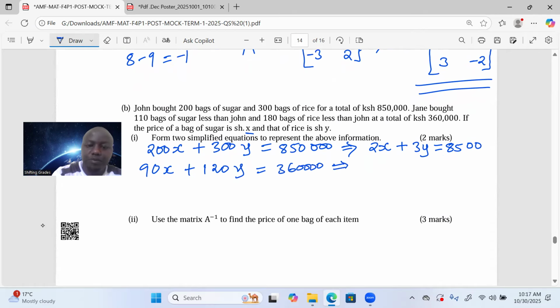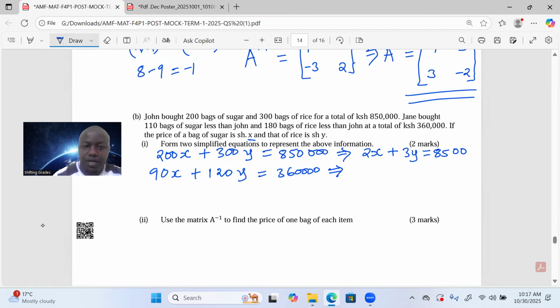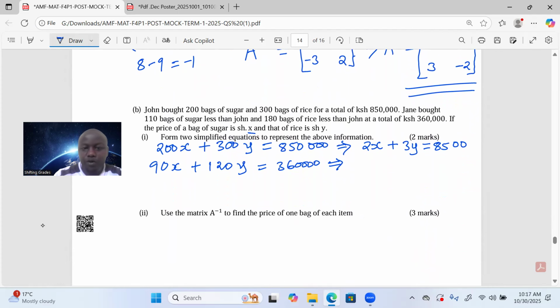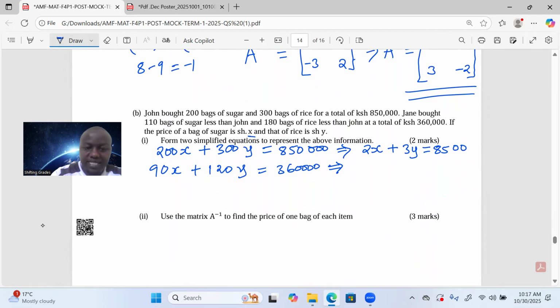We can still simplify this also. When we simplify this, we can divide by 30 all through, and we shall get 3x plus 4y equals 12,000.